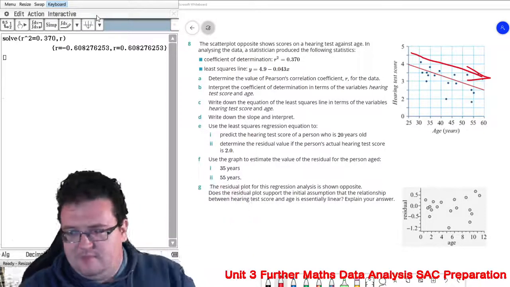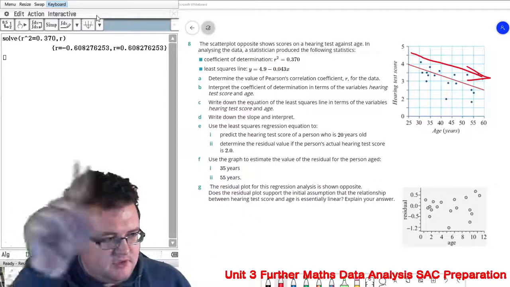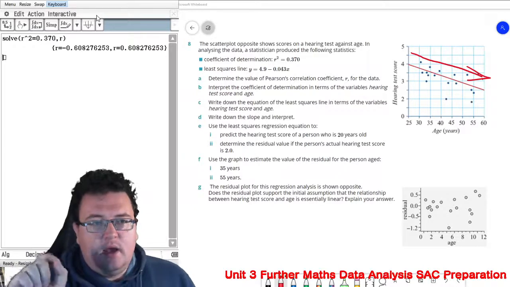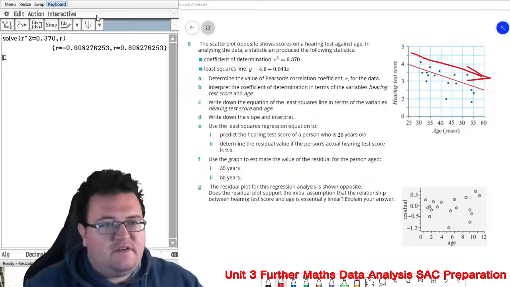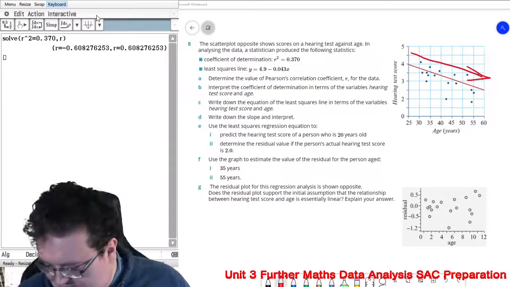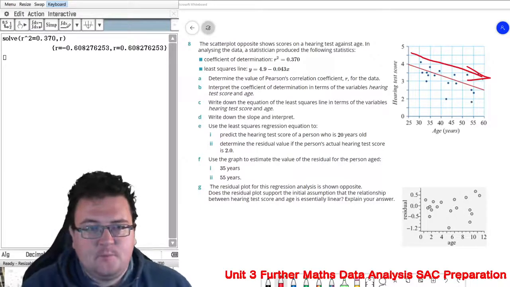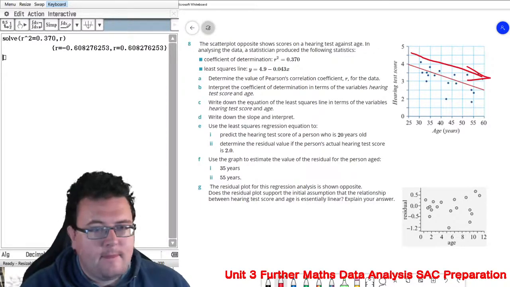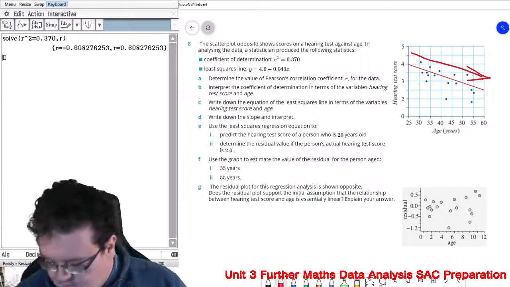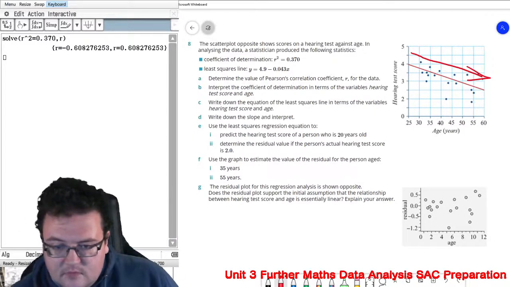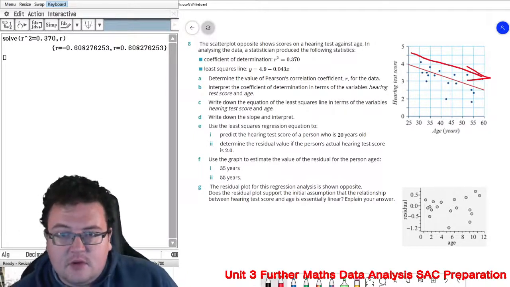The R value is going to be our negative value of 0.608. So, negative 0.608.